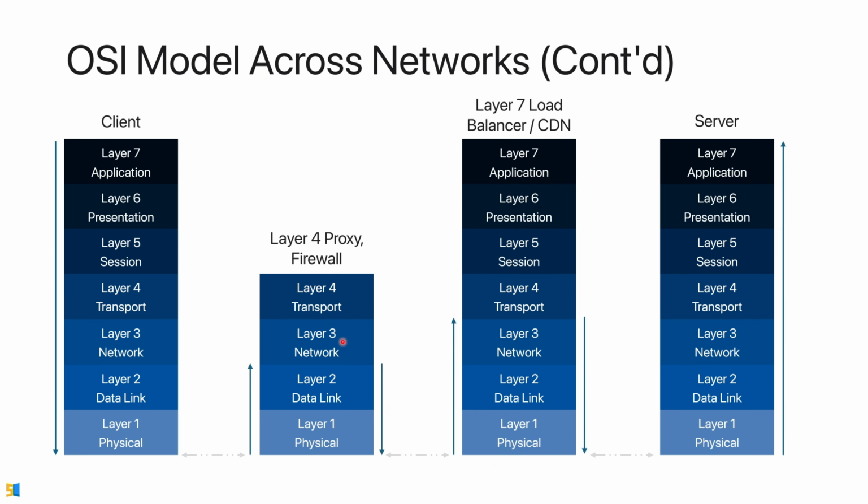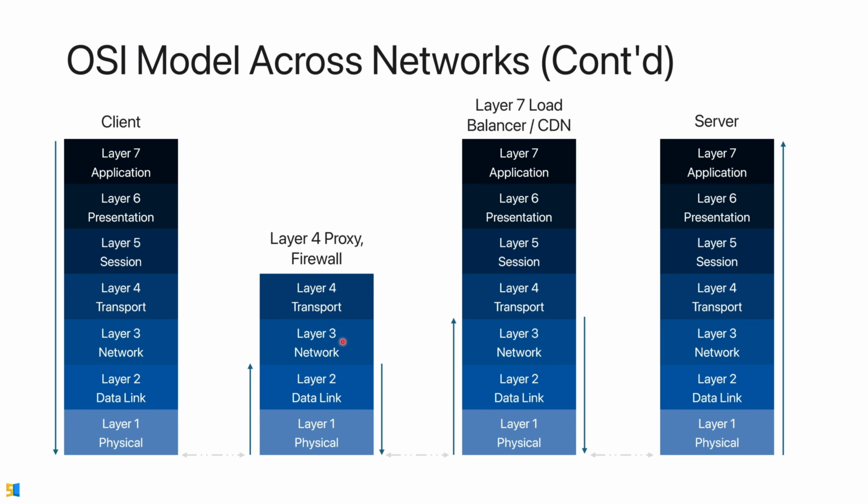What if we have a load balancer or CDN, content delivery network? In order for a load balancer or CDN to work, it usually needs to know the URL path, right?